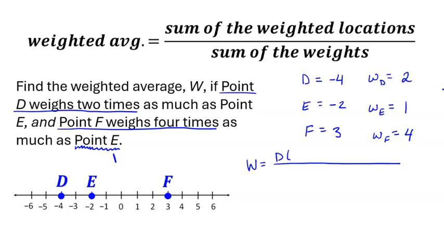So I have D times the weight of D plus E times the weight of E plus F times the weight of F, and then we're just adding all those weights underneath. Don't forget this part. Some people do the top part and then they kind of forget the bottom.